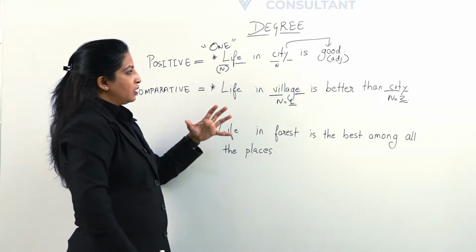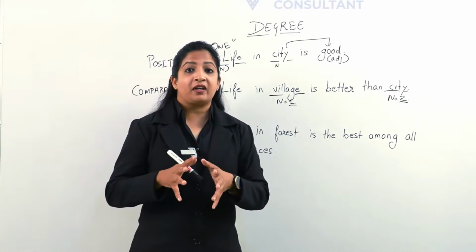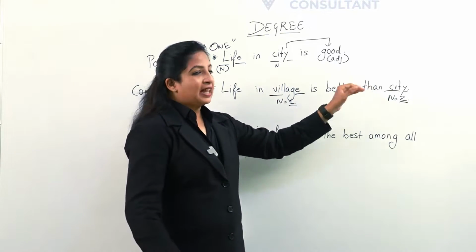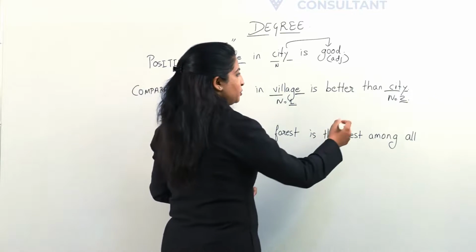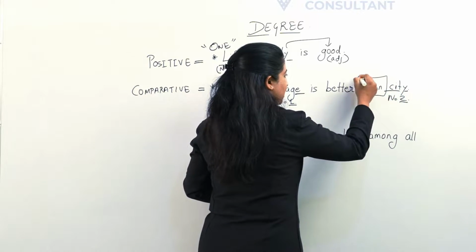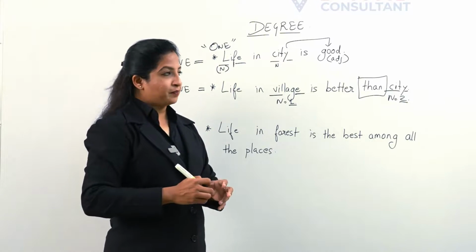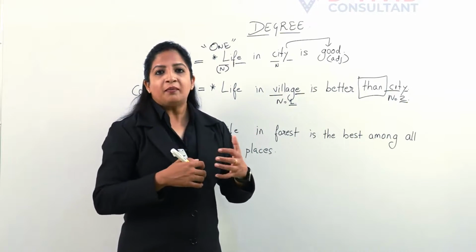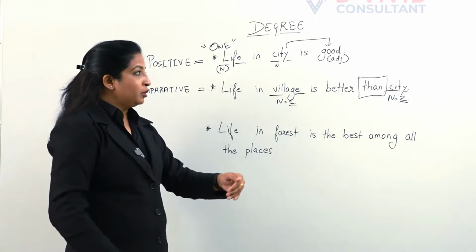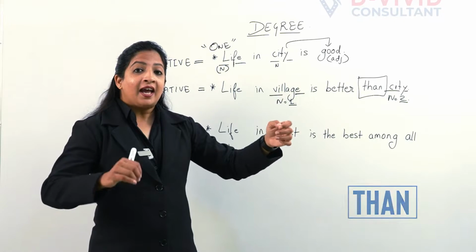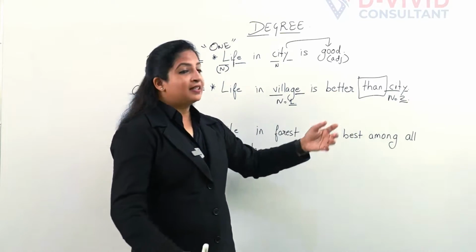Now, there is something very important to pay attention to. If you see the word than, I haven't used THEN, I have used THAN. So when you compare, the spelling is THAN and it is pronounced as than.